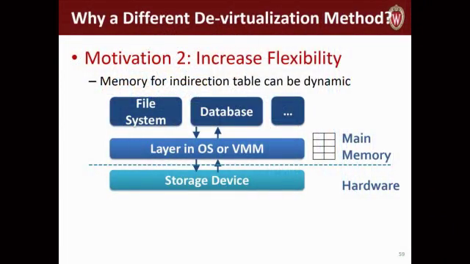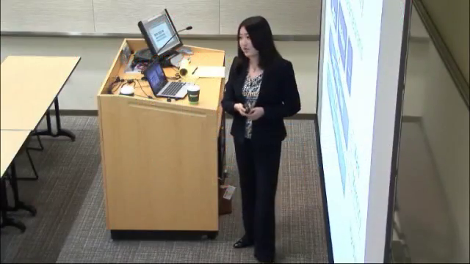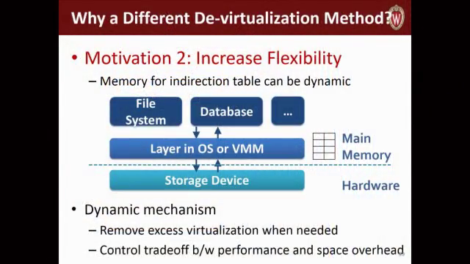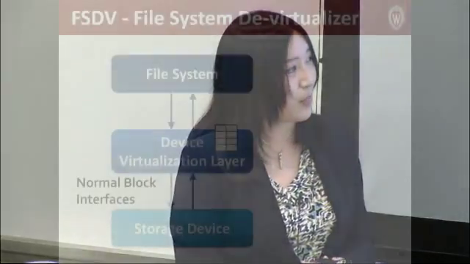And whenever the storage device needs more mapping table space, it will contact the OS or the hypervisor to allocate more memory for it. So in this situation, we want a more dynamic way to reduce de-virtualization and the mapping table size, and to do it whenever needed without the complexity of nameless writes.